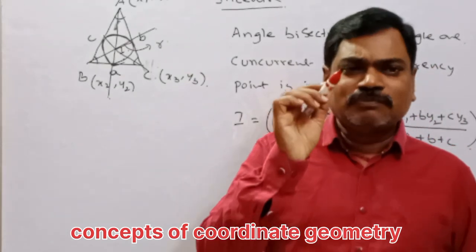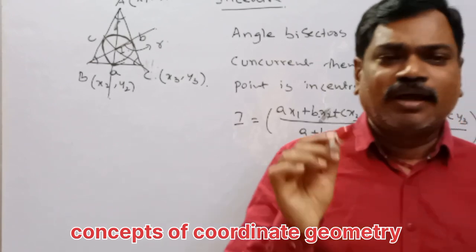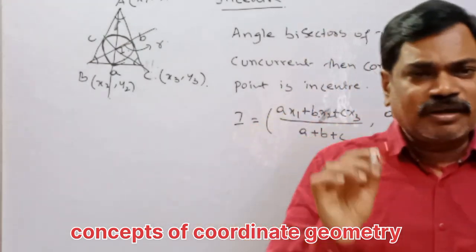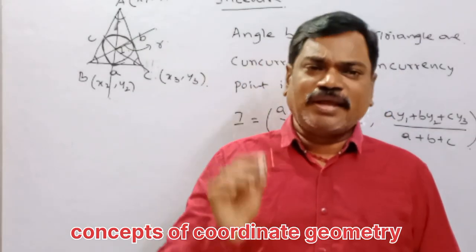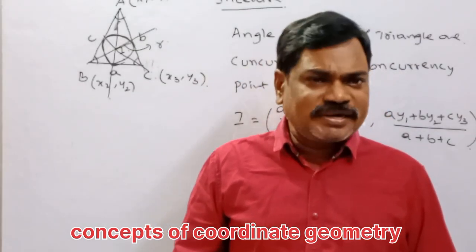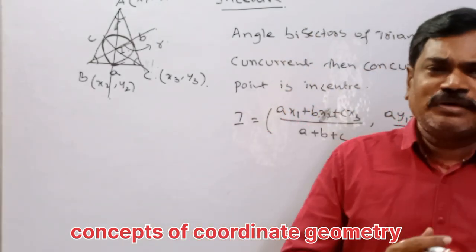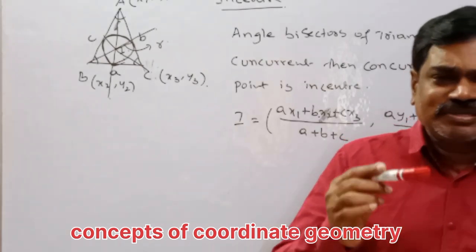Okay, all of you. What is the incenter? Angle bisectors of a triangle are concurrent. Then the concurrency point is called the incenter of the triangle. If the coordinates of A, B, C are given in coordinate geometry, then we can find the incenter.